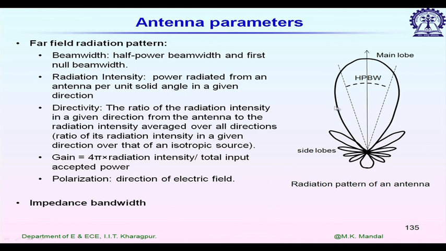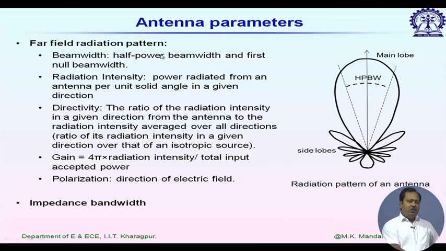Now, for a general antenna structure, we have to deal with many parameters. How do we define the characteristics of an antenna? There are several parameters, and we should know them first. The first important parameter is the far field radiation pattern.